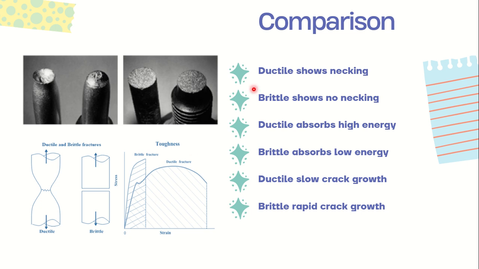Okay, we will see the points: ductile shows necking, brittle shows no necking. Ductile absorbs high energy, brittle absorbs low energy, and ductile has slow crack growth, brittle has rapid crack growth. This occurs because of the carbon content in the material.